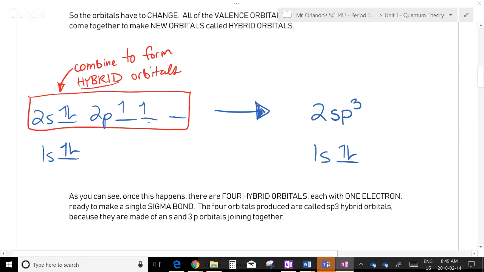How many orbitals is that? 4, right? 1, 2, 3, 4. So we've taken one s and 3 p's, altogether that is 4. And we've made 4 new orbitals. And they're brand new. They're called sp3 orbitals.